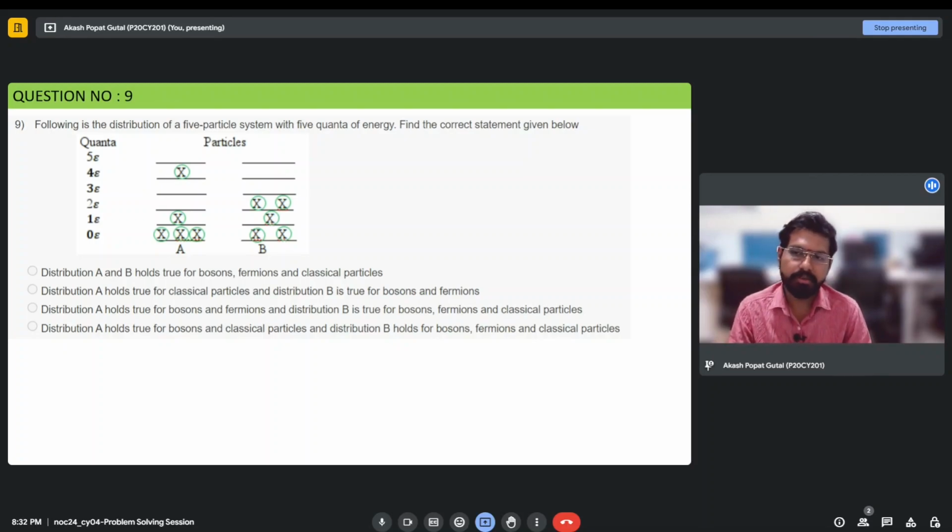Two distributions are given, and we are given some statements, and we need to find out the correct statement. We should not call them conditions, but just statements, to find the correct one. Please try to make a guess.